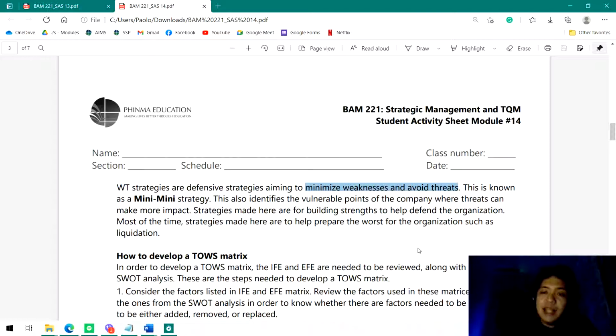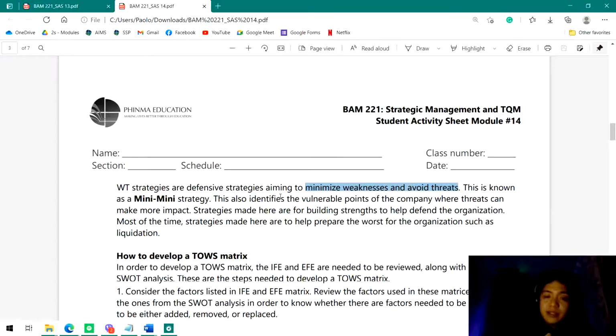Here naman, you are trying to minimize weakness and avoid threats. This is known as the mini mini strategy since both of them are negative, internal factor, weakness, and negative external factor, which is a threat. So mini mini strategy siya.